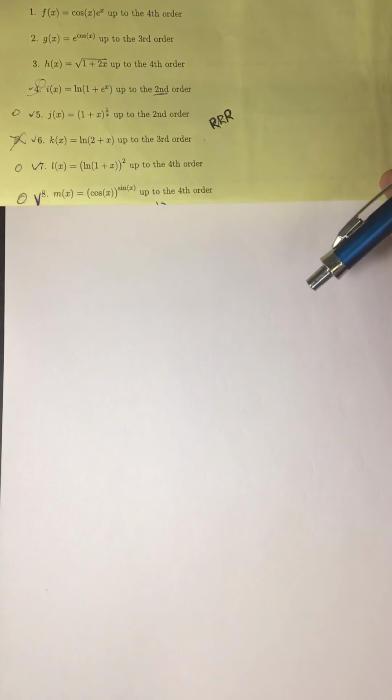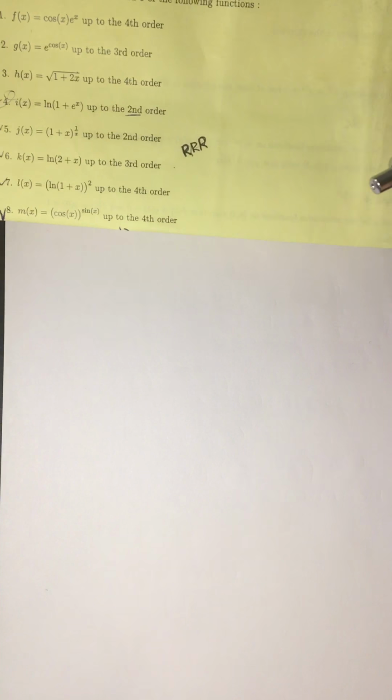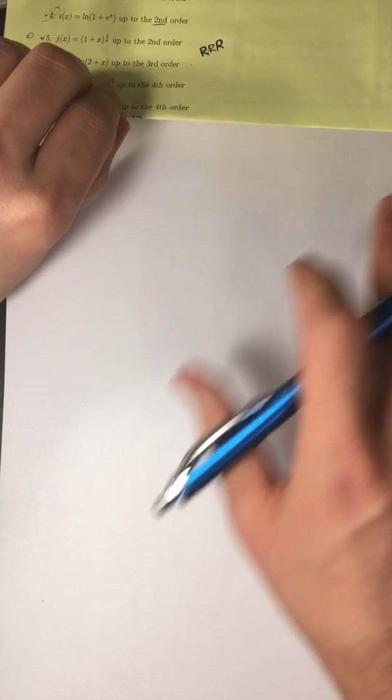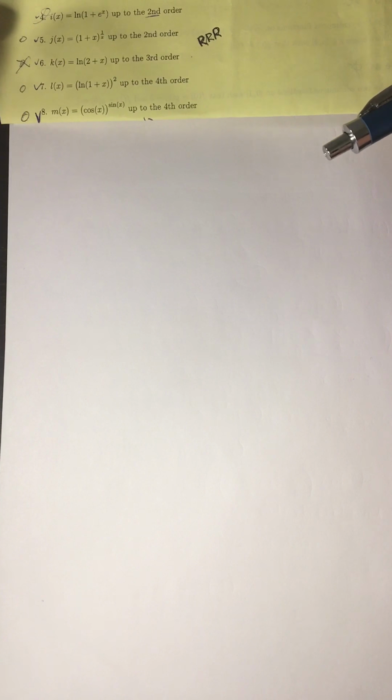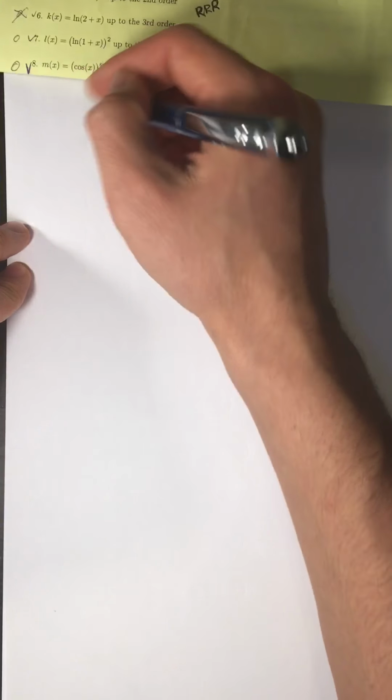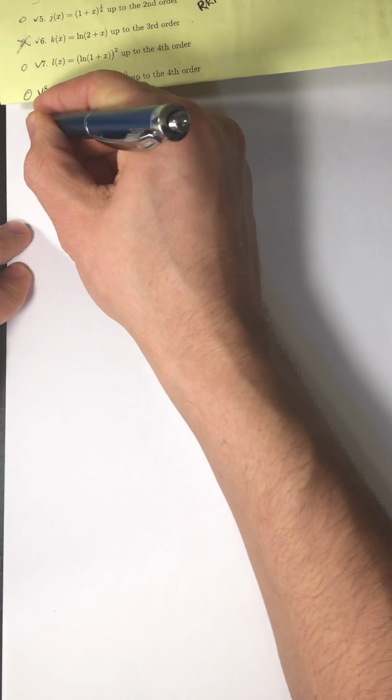So we need to solve exercise 8, number 5 and 8. Okay, let me move it a bit. Okay, 5 you can see. Now question number 5, I'm just going to write it here.